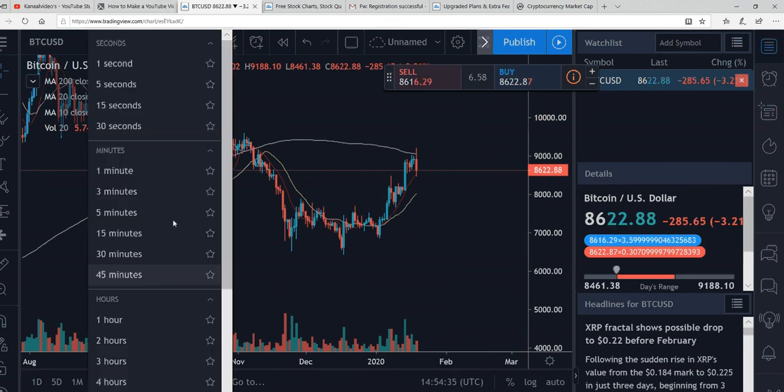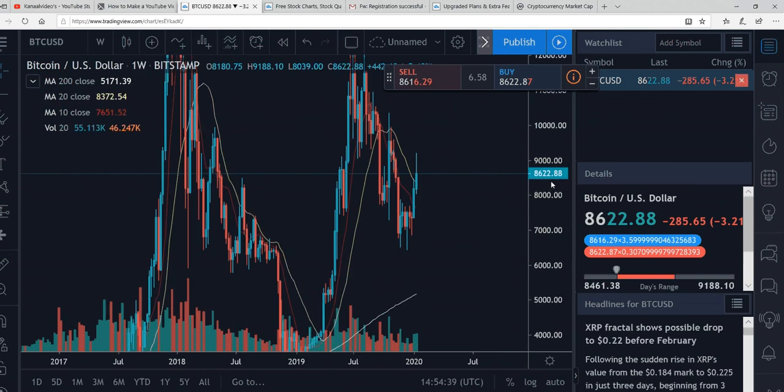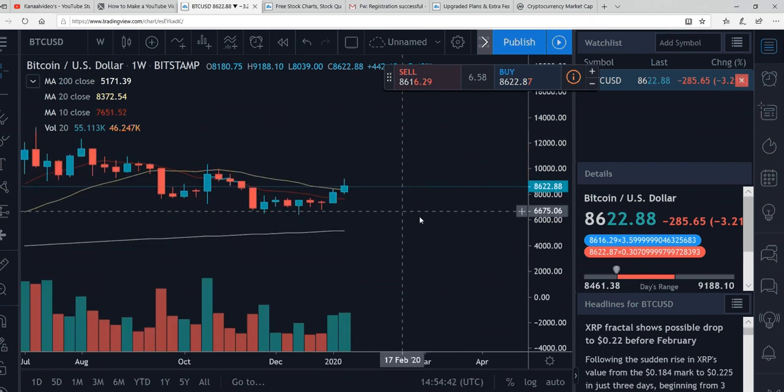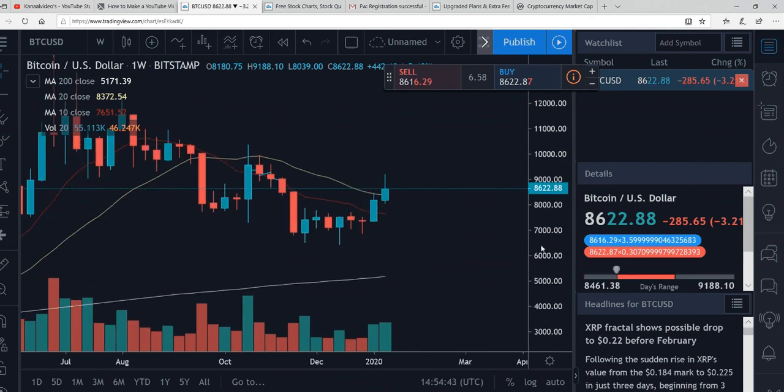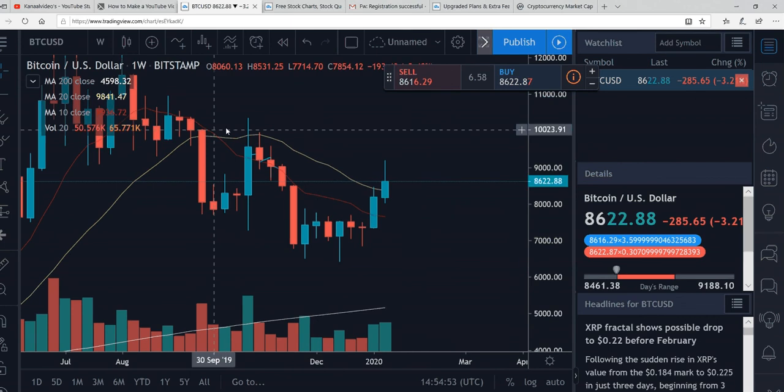When we scale out to a weekly time frame, the moving averages will change with it. So now you see that the price is below the 20 moving average, which is a very important indicator as well. Generally, when Bitcoin is above the 20 moving average, it's an uptrend.